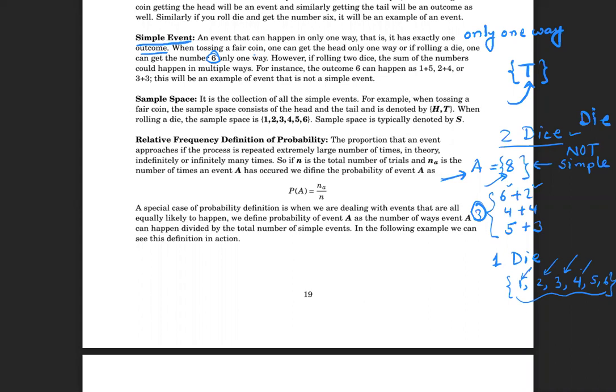Each of these events can happen in only one way, so therefore these must be simple events. So when you roll a die, the outcome could be one of these numbers. Let's say you are looking for outcome 4. That's a simple event.